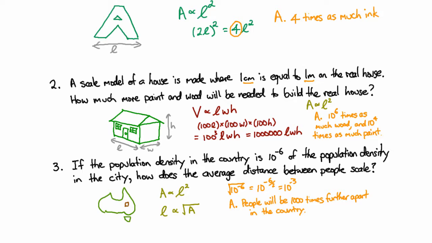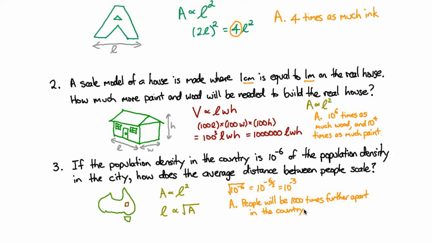Now, just to remind you, all of these things we could answer very quickly. And the way you do it is you spot whether you need to convert between a length and an area, a length and a volume, or a volume and an area. So in the first case, we saw that the amount of ink was basically proportional to the amount of area. So if we double the point size, we have to quadruple the ink. In the second case, we saw that the paint was a matter of area, but the wood was a matter of volume.